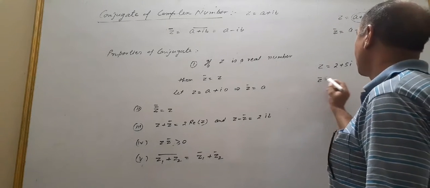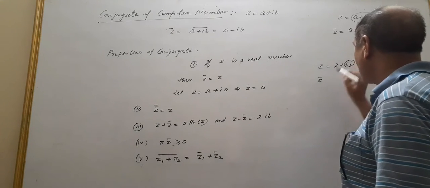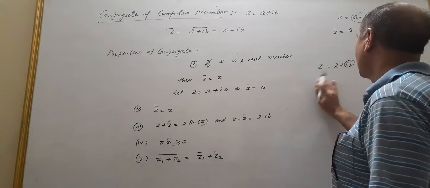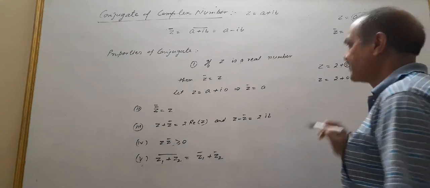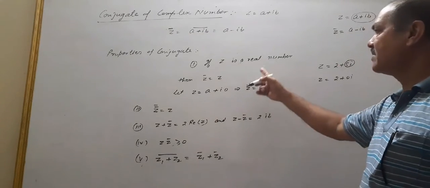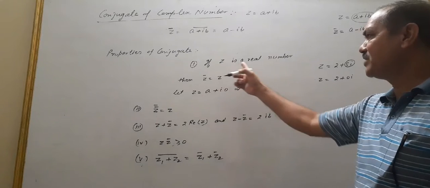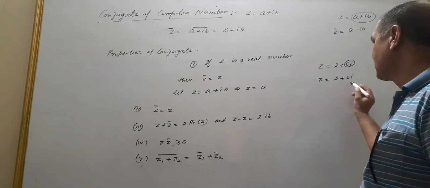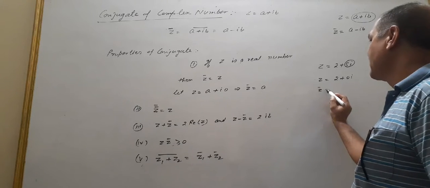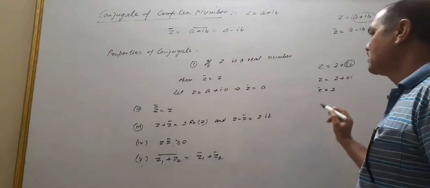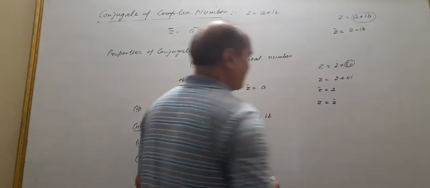For a real number the imaginary part will be 0, so z will be 2 plus 0 iota, because 2 is a real number. If z is real, the imaginary part is 0, therefore its conjugate z bar is again 2, so z is equal to z bar.